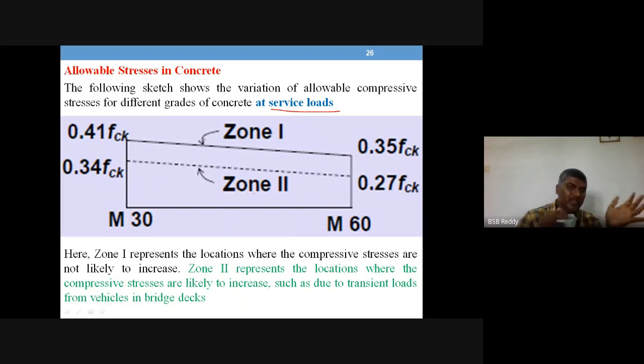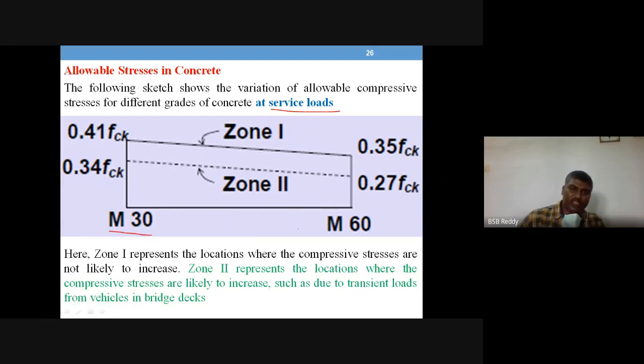At transfer, the member is taking the pre-stress, whereas at service it is taking the live load and dead load. Say if it is a beam, it is in use, taking the dead loads and live loads.